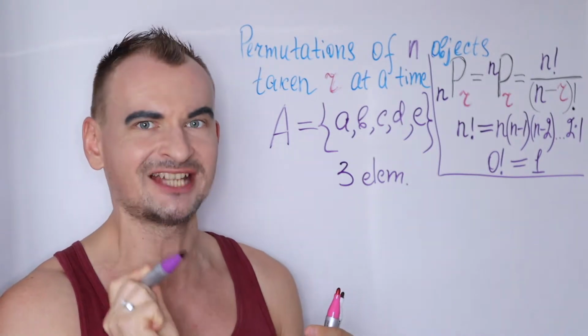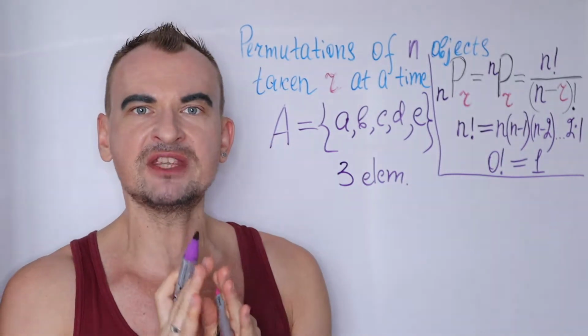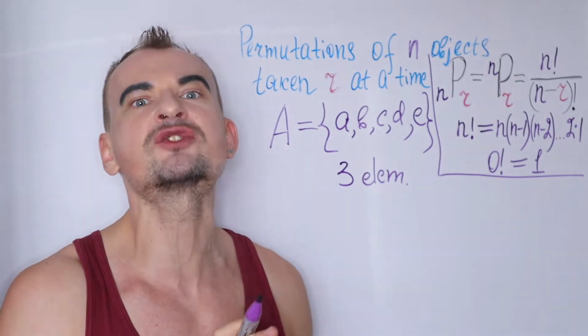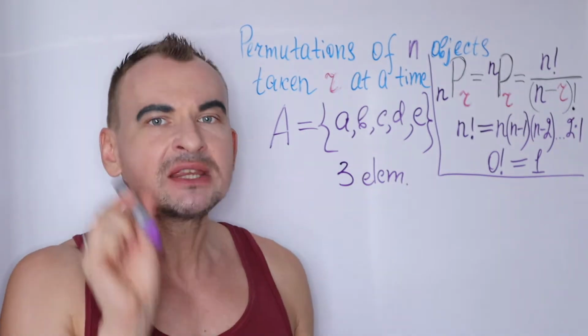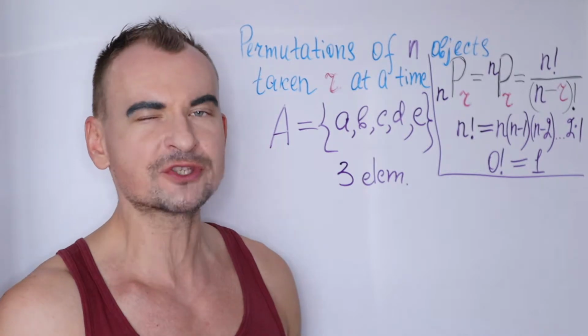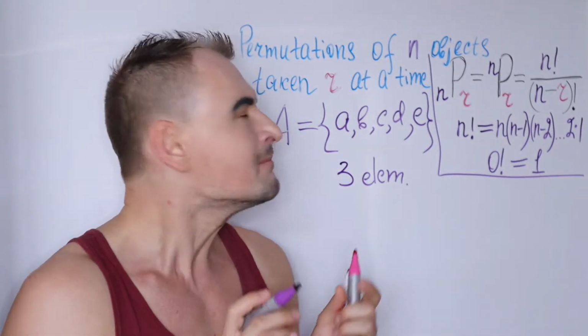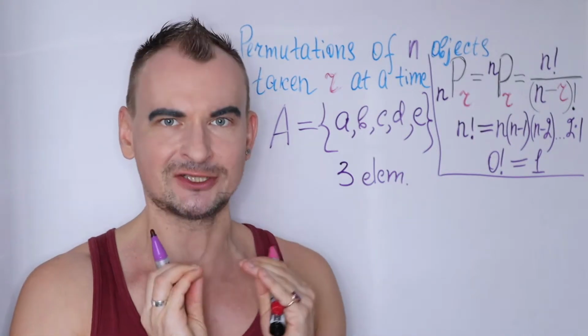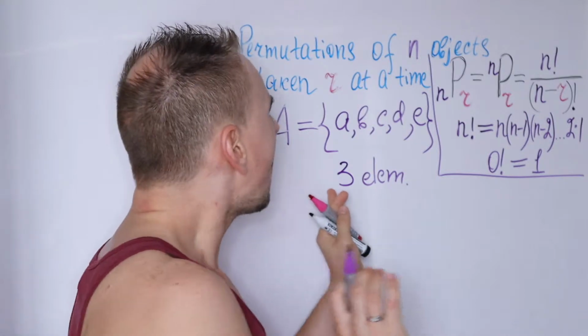So order does matter. And by the way, I do have a separate video on permutations of n different objects, and the link will be down below in the description box. You could check that video later, because it's basically related to what I'm talking about now.